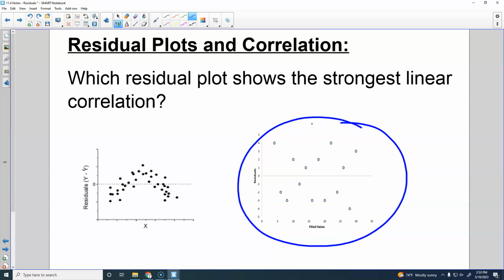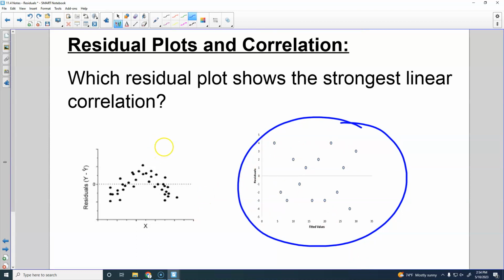A stronger correlation. Now we don't have a y-axis here that would affect this. But if we have a pretty strong correlation, we should see dots both above and below. They should sort of be scattered. They shouldn't make a pattern. And the closer they are to the x-axis, the better, right? So you can see over here, we've got both above and below. They're kind of even here.